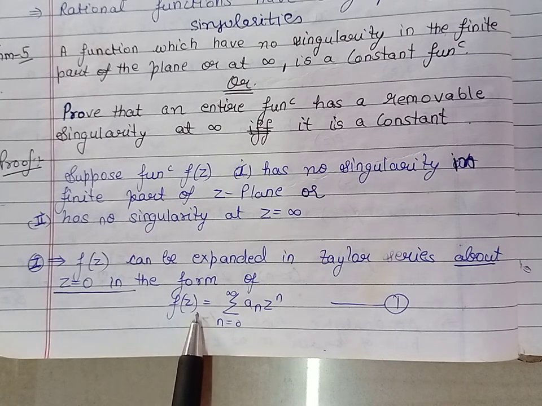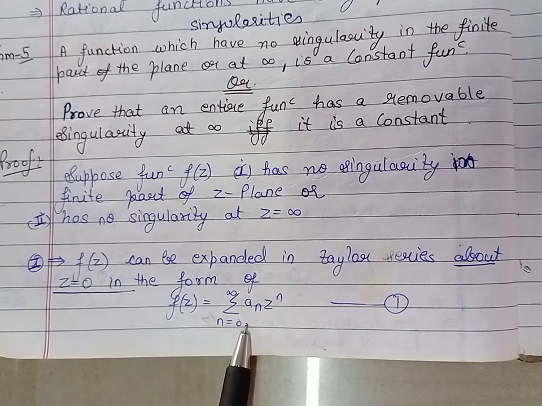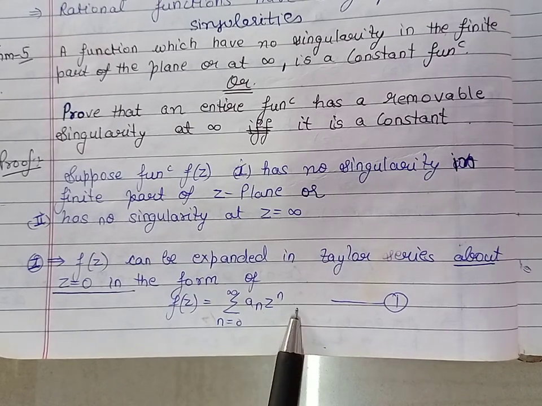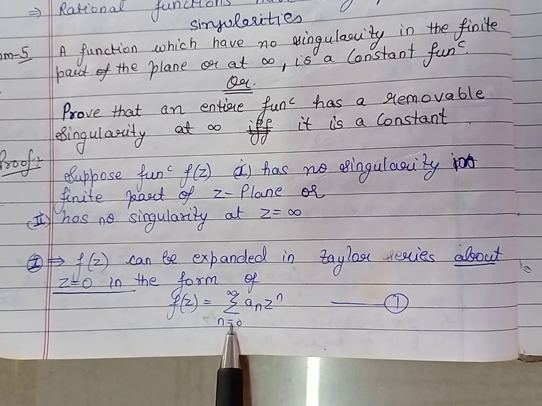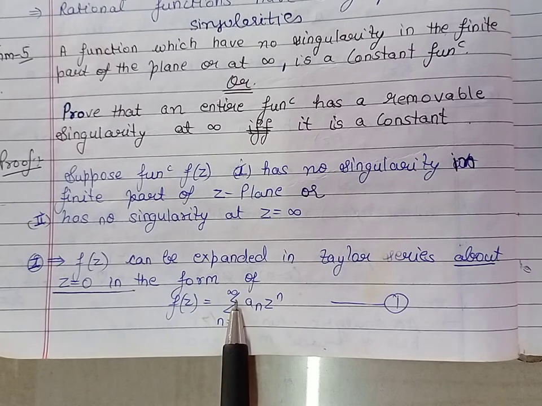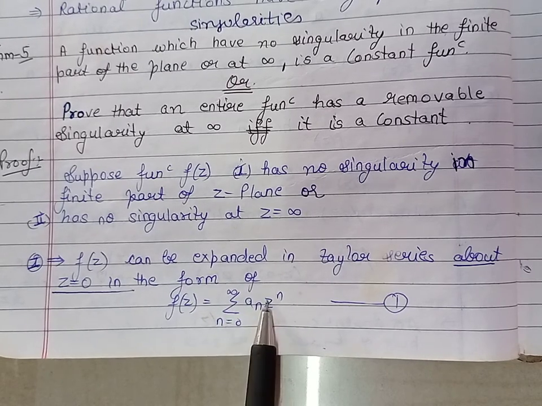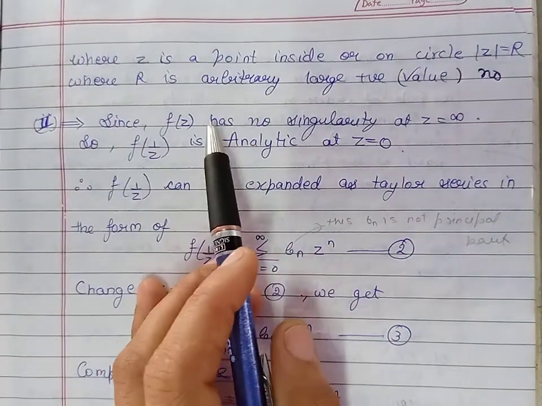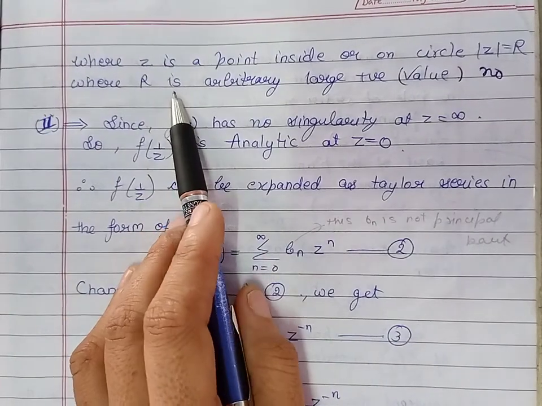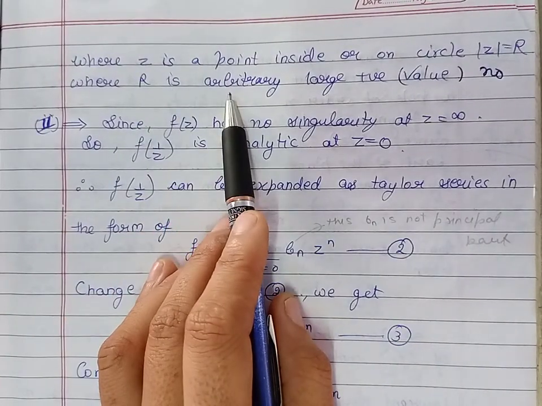So we can write f of z is equal to summation an z raised to the power n, where n varies from 0 to infinity. Here z is a point inside or on the circle mod z is equal to r. Here r is an arbitrarily large positive number.